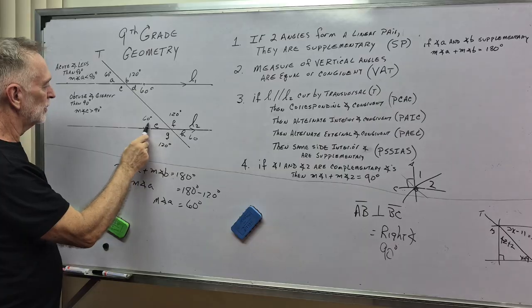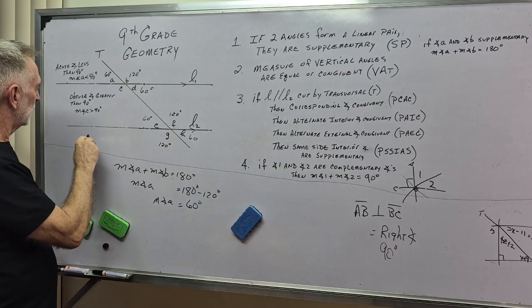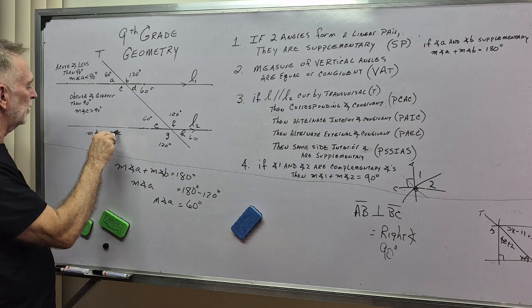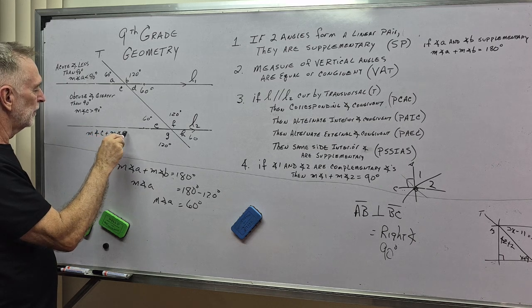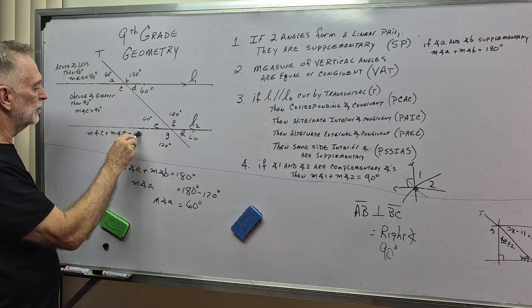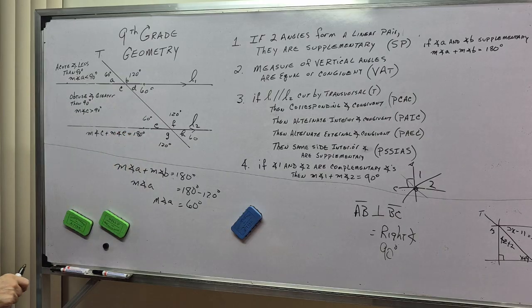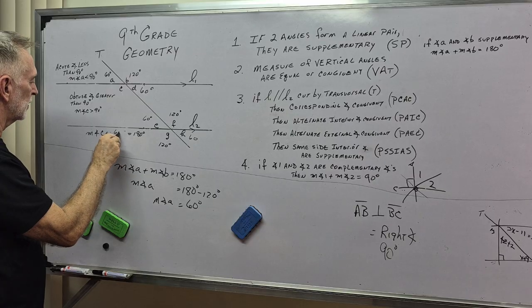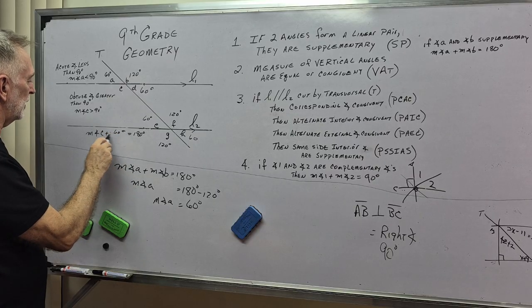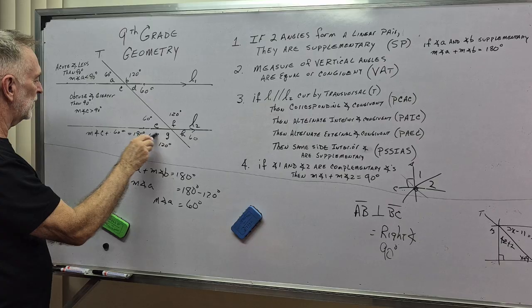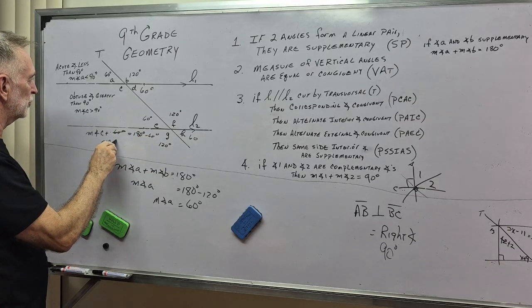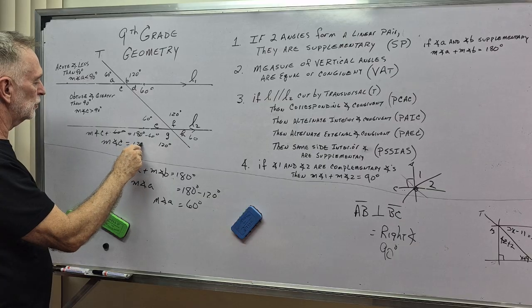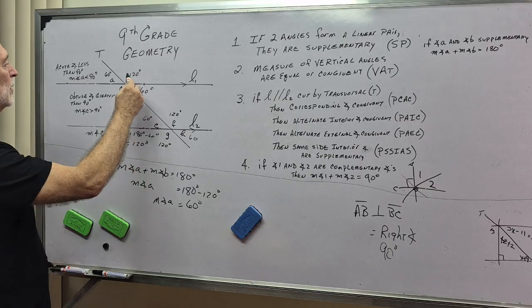It's saying that the measure of angle C plus the measure of angle E are supplementary, which means they equal 180 degrees. Okay, E was 60 degrees. So we subtract 60 from both sides, that goes away. So the measure of angle C is 180 minus 60, which is 120 degrees.